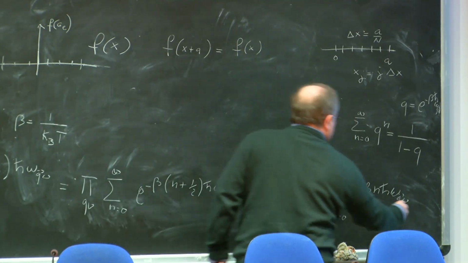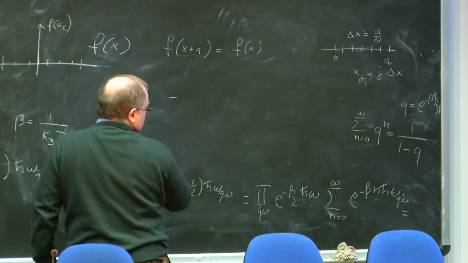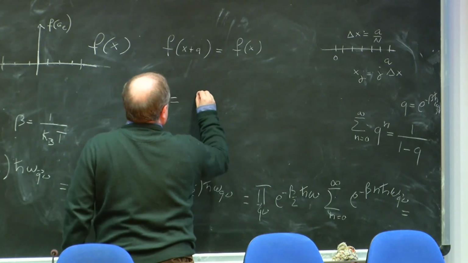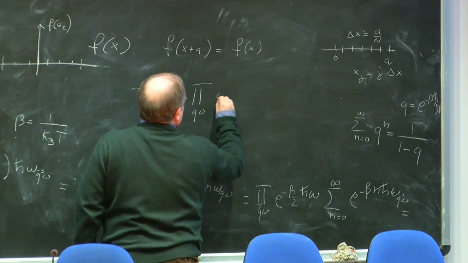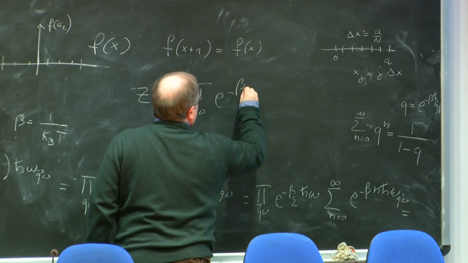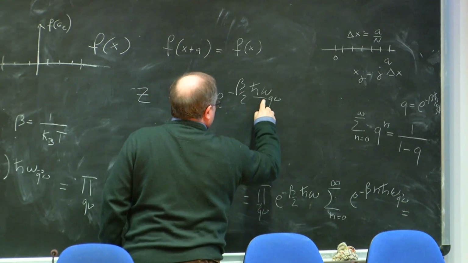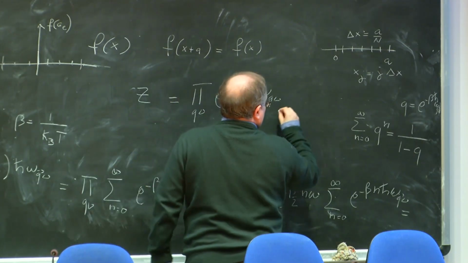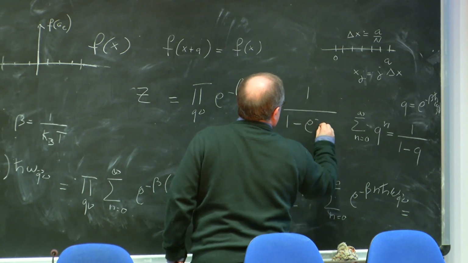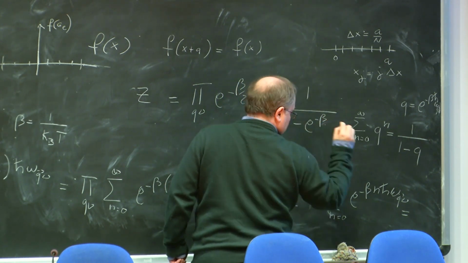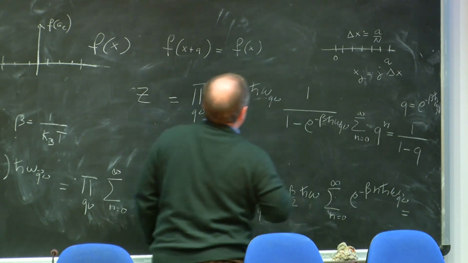And so basically this term, Z, is equal to the product over Q and ν of e to the minus beta divided by 2 times ħω_Qν, and here 1 divided by 1 minus e to the minus beta ħω_Qν.